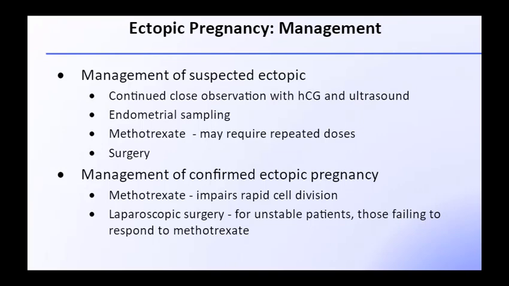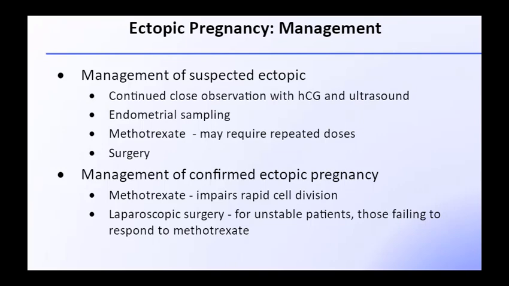In certain circumstances, repeated doses of methotrexate are required to adequately treat an ectopic pregnancy, as determined by the trend in HCG levels. Methotrexate will fail in some circumstances, though, especially when HCG levels are particularly high or the ectopic mass is particularly large. Certain women are not candidates for methotrexate therapy, including those with hepatic, hematologic, or renal insufficiency, or with a coexisting intrauterine pregnancy.